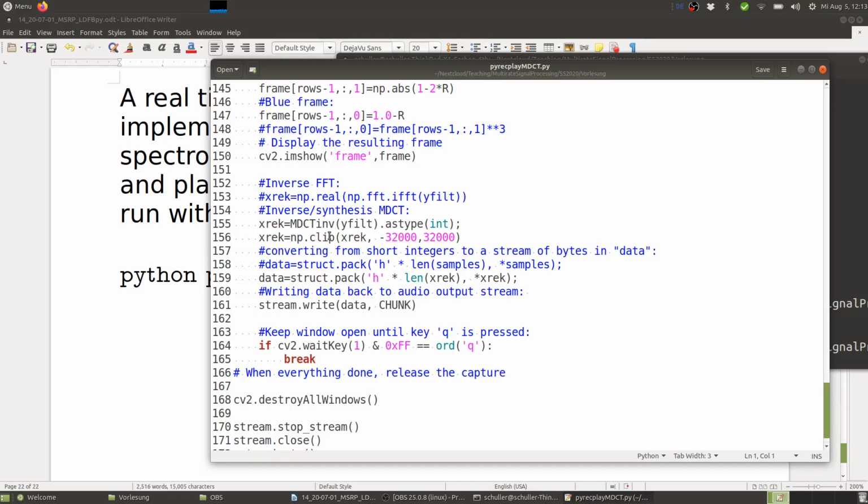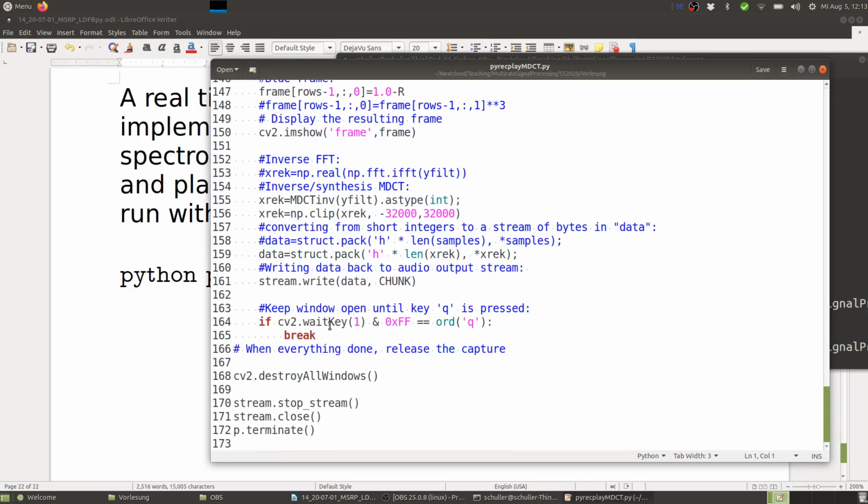I'm also doing clipping to avoid overloading the sound card, and then I turn these integers into 16-bit integers here using pack. And finally, I write it to the sound card. Yeah, so we have both. We have this moving waterfall and we have a reconstruction, and we can listen to this reconstruction.